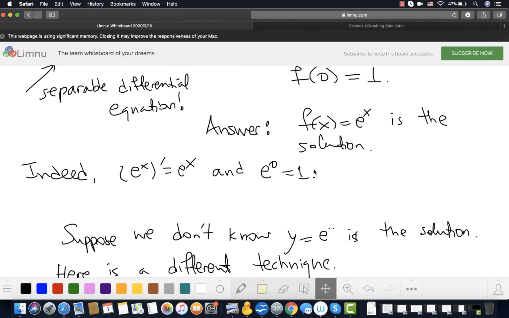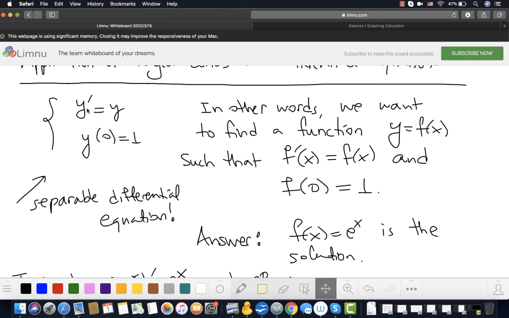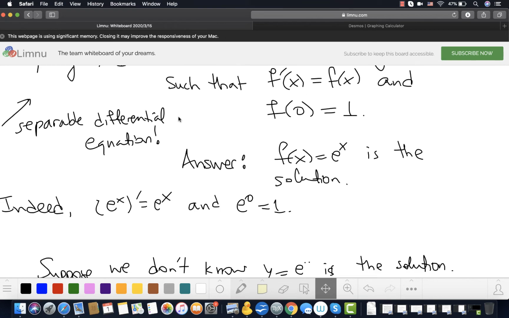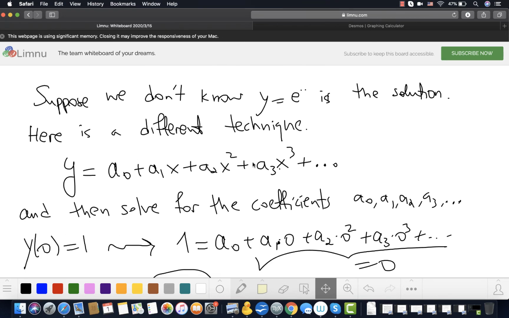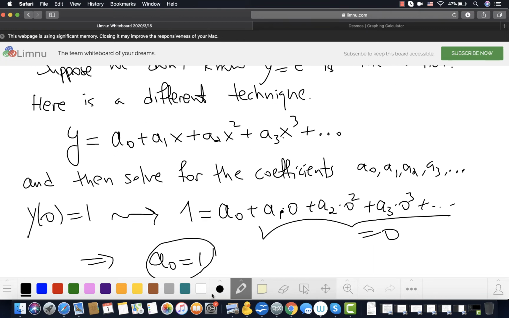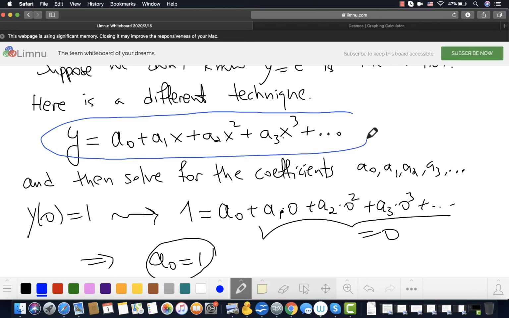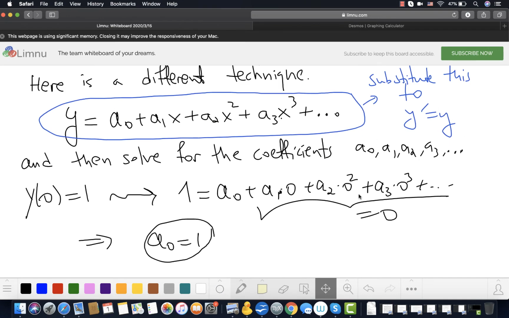But now, we haven't used the most important information, which is the differential equation, y prime equals y. So we just have to take this expression and substitute it into y prime equals y, because that's the given key information that must be satisfied for our solution.